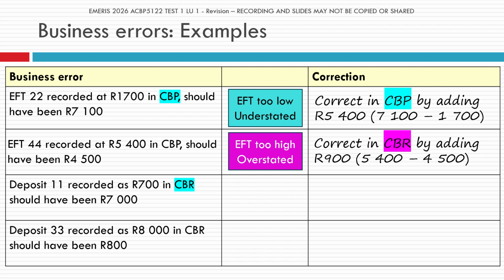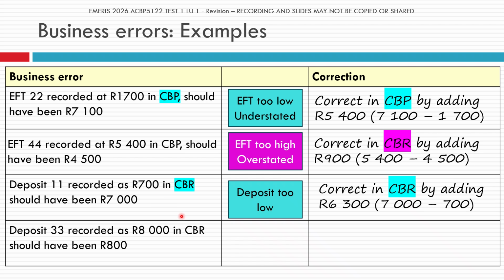I'm going to pause here for a moment, see if you know where we will correct deposit 11 and deposit 33. Okay, have you had a chance to think about these two deposits? So in the first one, we recorded it at 700 rands and not 7,000 rands.